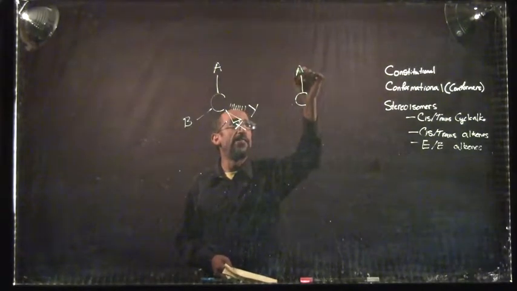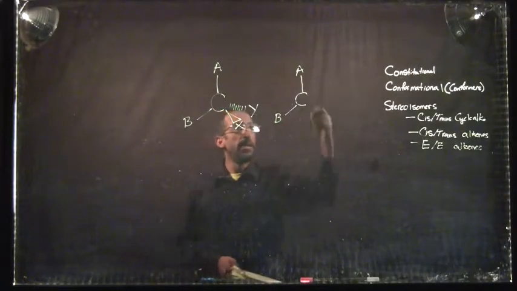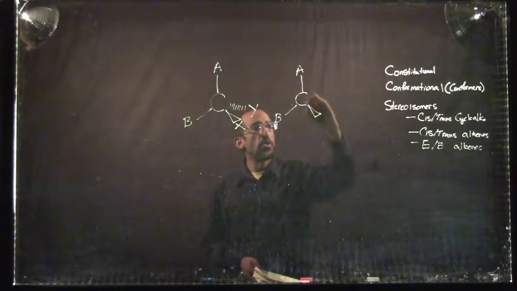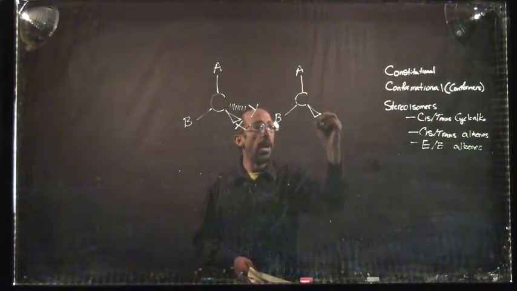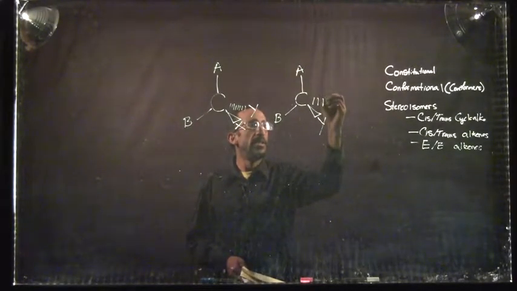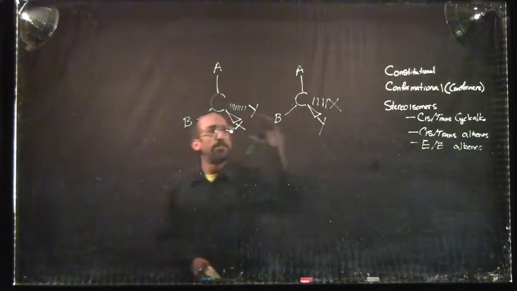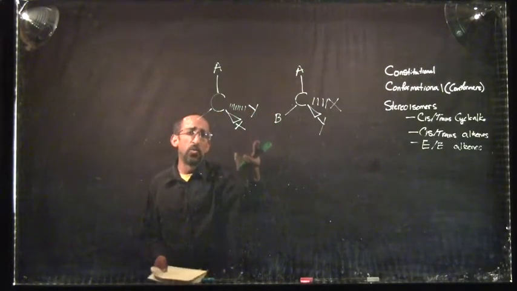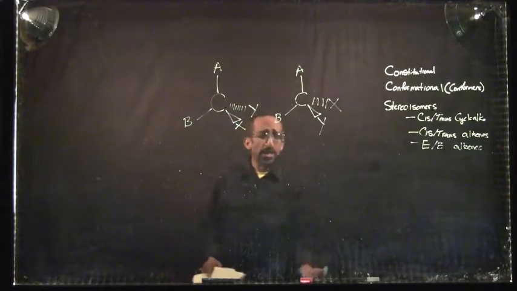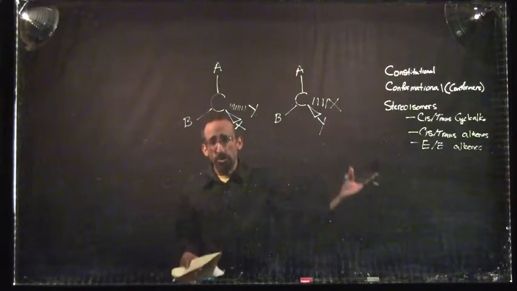So here now I have A and B in their same positions, but now out of the board towards you, I'm going to put Y, and coming behind the board towards me, I'm going to put X. So I've just swapped the positions of X and Y, right? If you look at this, you would think that these can't be constitutional isomers.